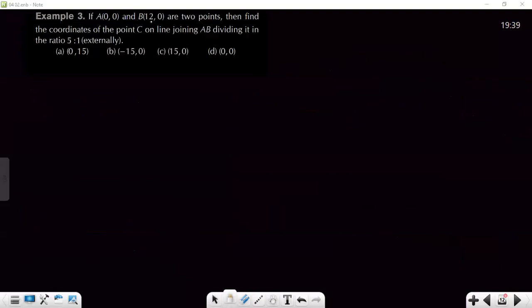If A and B are two points, then find the coordinates of the point on the line joining AB, dividing it in the ratio 5 is to 1.